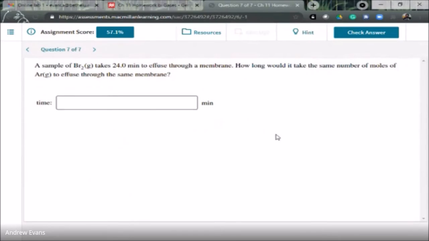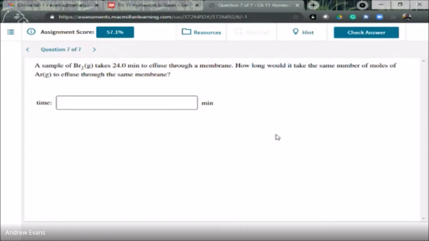Okay, and this last one, it's a diffusion one. If sample A, bromine, takes 24 minutes to diffuse through a membrane, how long would it take the same number of moles of argon to diffuse through the same membrane? This one's actually a little trickier than I remember. So they give us a time of 24 minutes, and then they want us to know how does argon compare to bromine?